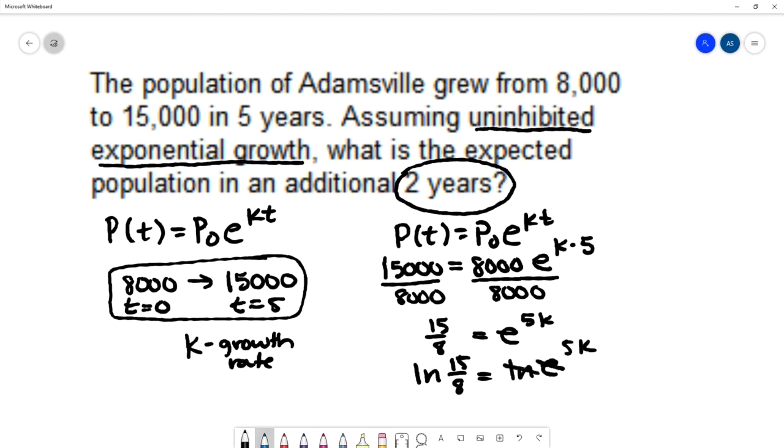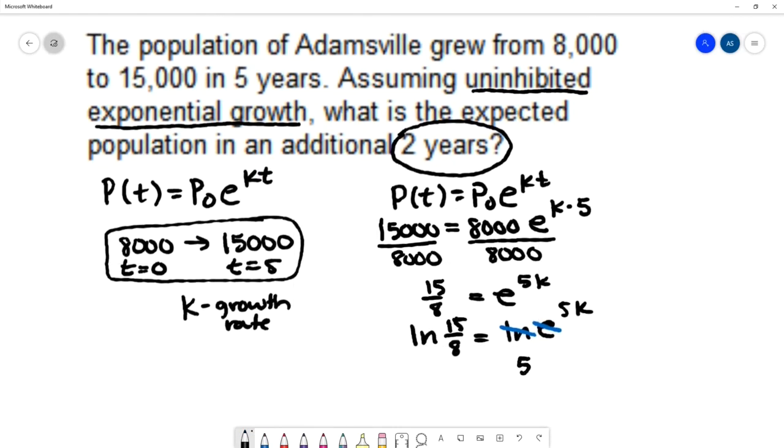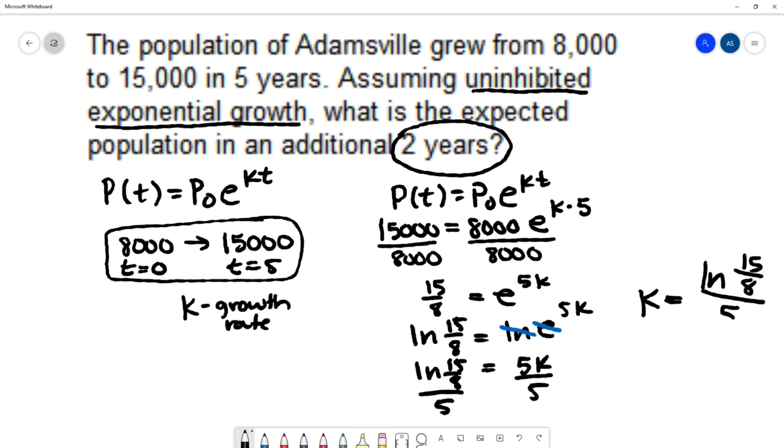Natural log and e are inverses. They cancel each other out. We get 5k equals natural log of 15 over 8. Divide both sides by 5, and we get our growth rate. Natural log of 15 over 8, over 5.